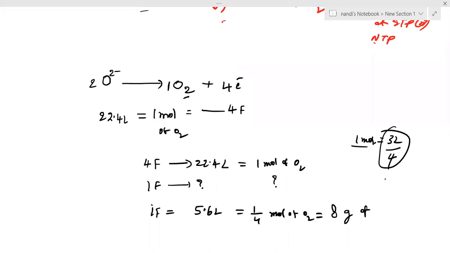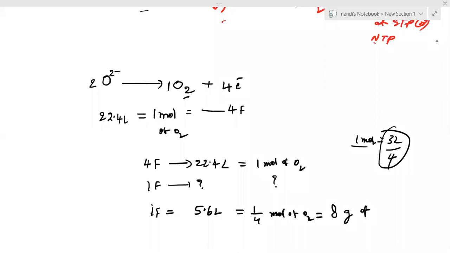That type of calculation. If you take 4 Faradays of money, then you'll get 22.4 liters. But with 1 Faraday, how much will you get? These are all vegetable calculations. Got it? Fine. That is the reason I gave the list here at the start.